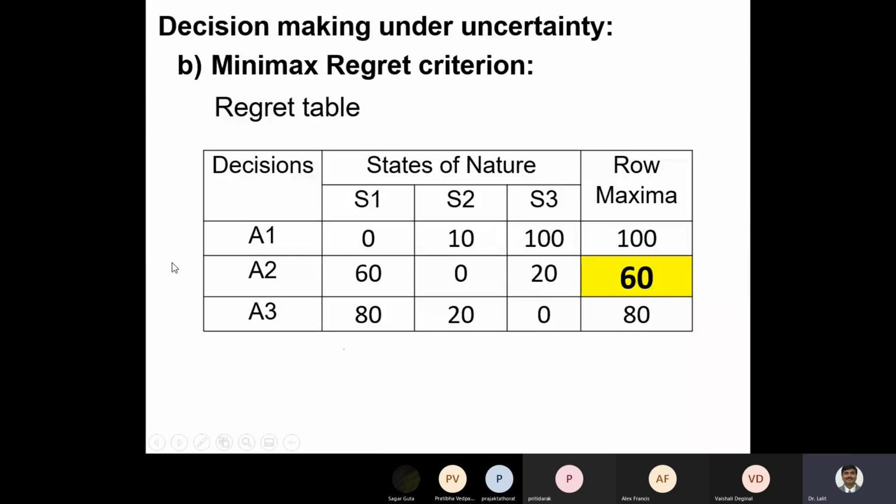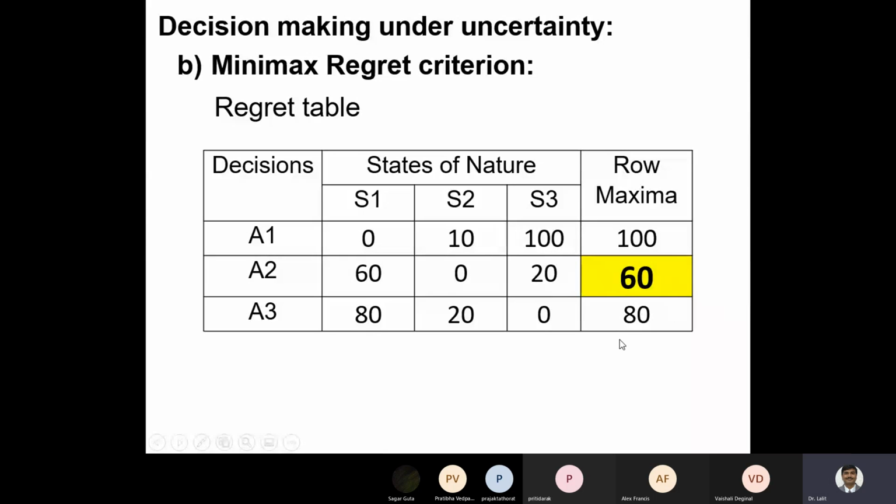Now here, remember, the objective is to minimize the maximum regret, right? So we'll calculate row maxima. The row maxima for A1 is 100, that for A2 is 60, and that for A3 is 80.